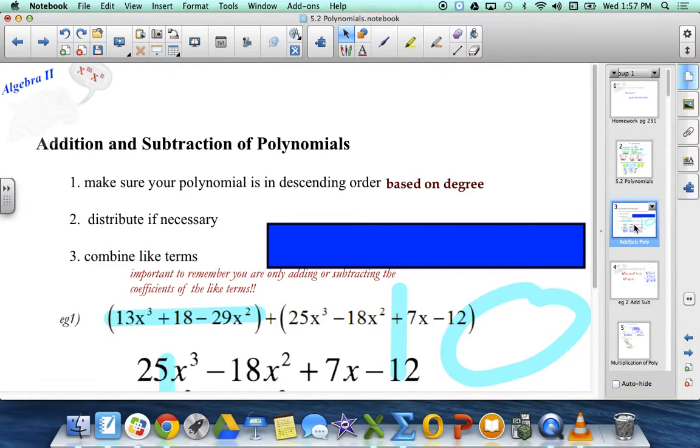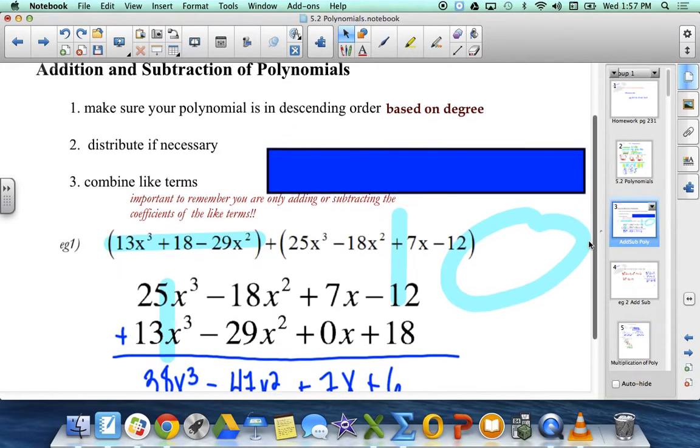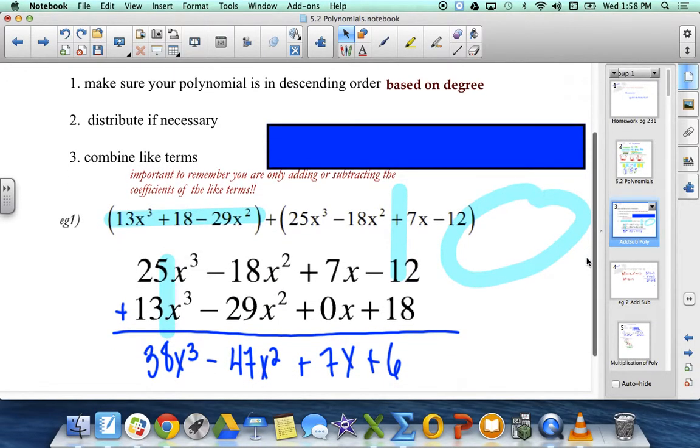You want to combine your like terms. Remember when you're adding and subtracting polynomials that you're just adding and subtracting the coefficients. You're not doing anything with the variables.